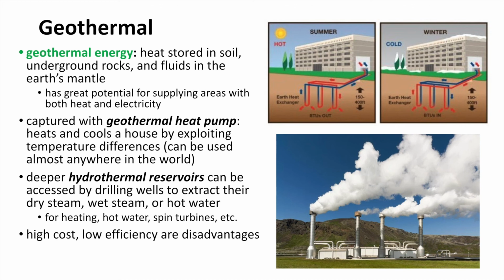There's some hot spots that can do that, like Iceland and Hawaii, some places that are more geologically active, like New Zealand might be able to do that, or the African Rift Valley. But for the most part, anyone in the world can do geothermal, but not everyone in the world can do hydrothermal. So that's the main difference when we start thinking about these energy resources.